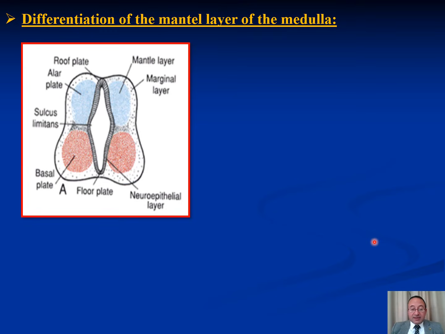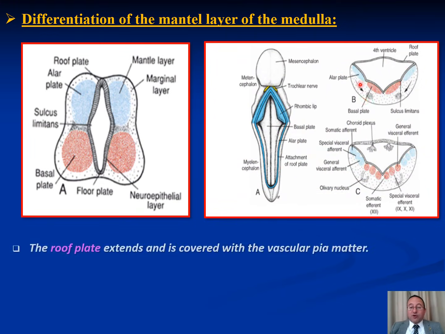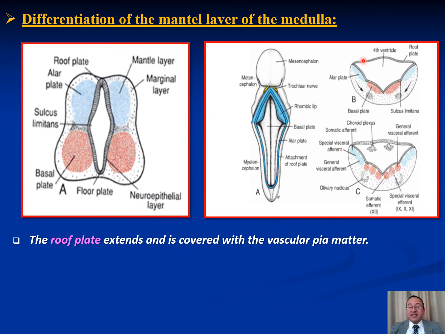At first, the region of the roof plate is stretched from side to side, like this, forming the roof of the developing fourth ventricle.